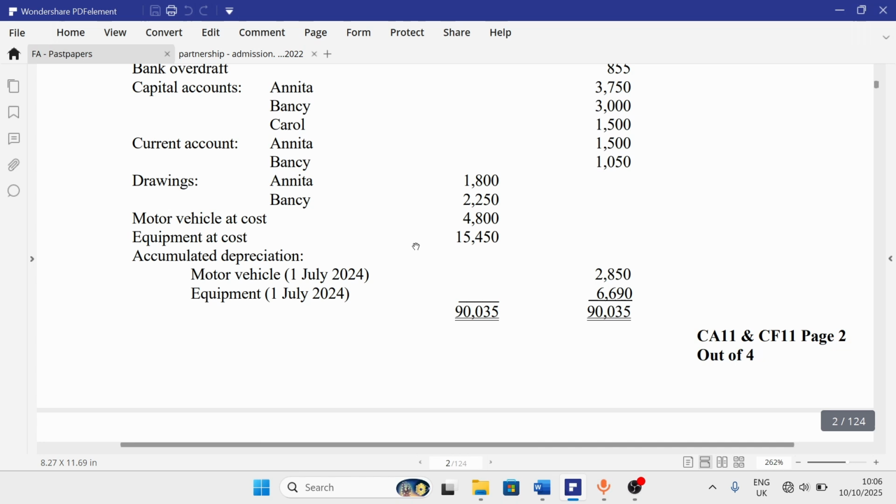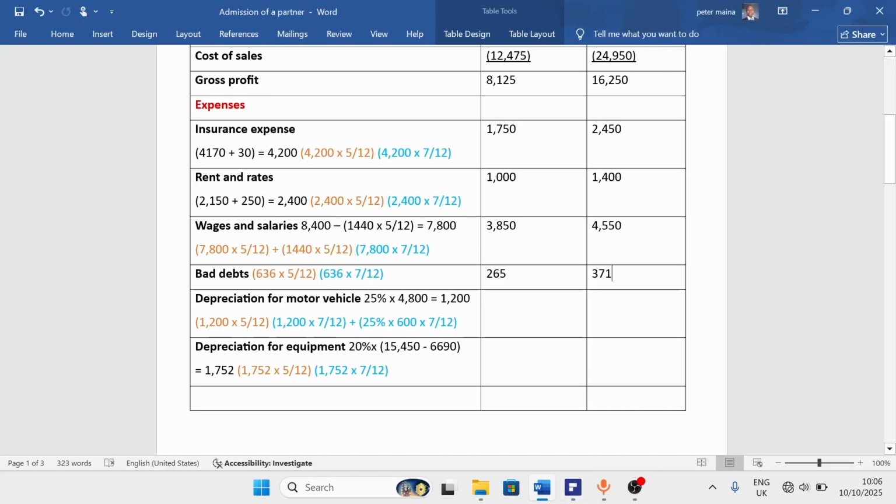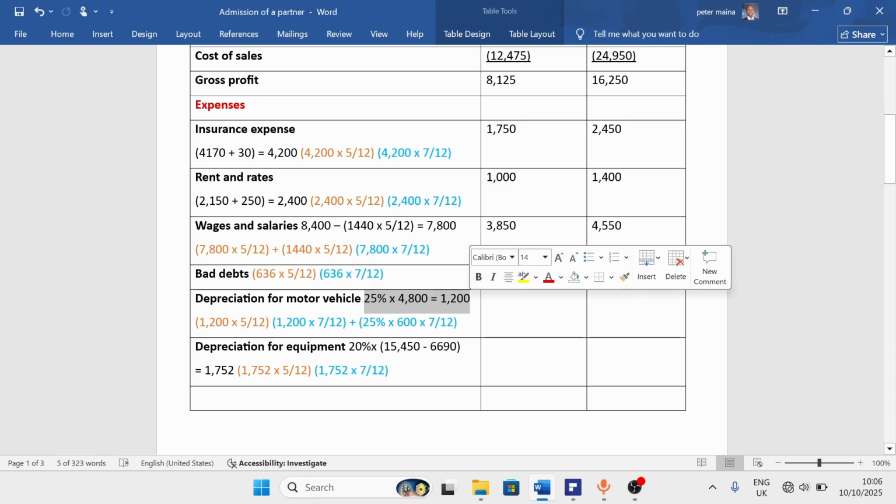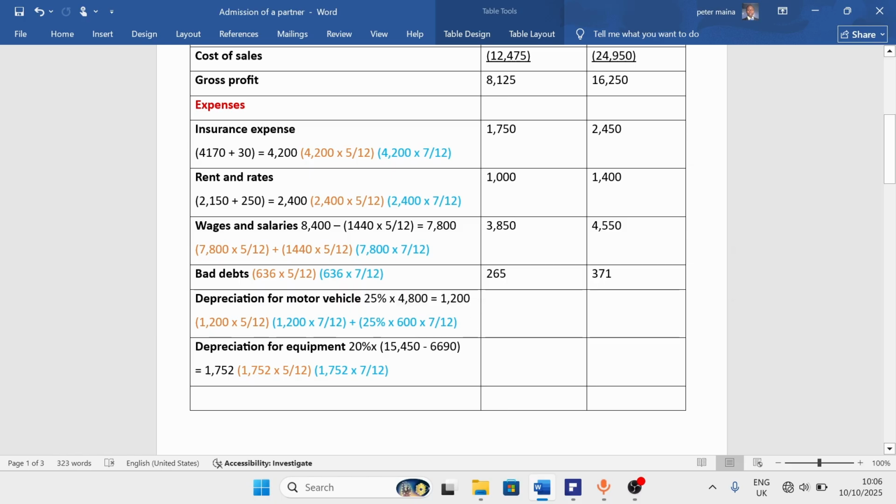So let us start with the first one, 25% of this, and then we take 5/12 of that for the first period. First, the depreciation for the whole year for the motor vehicle they had at the beginning of the year is 1200. So 25% multiplied by 4800 gives us 1200.